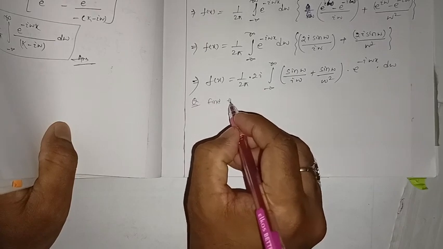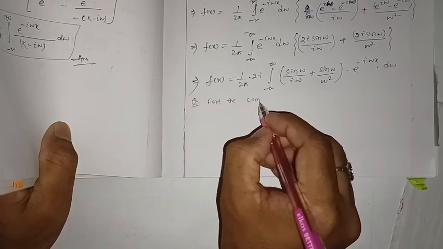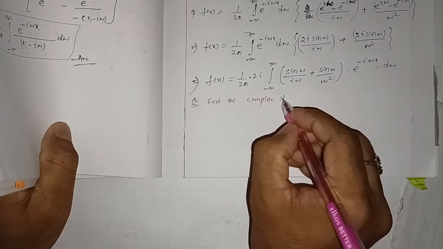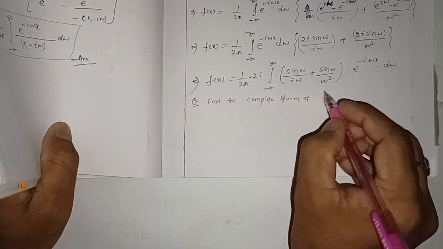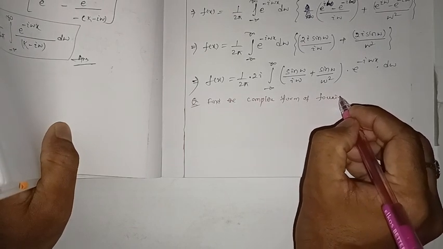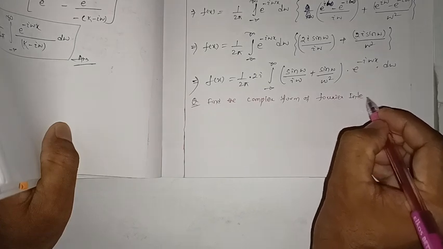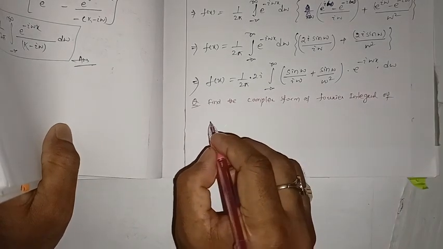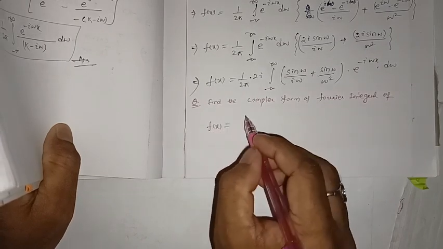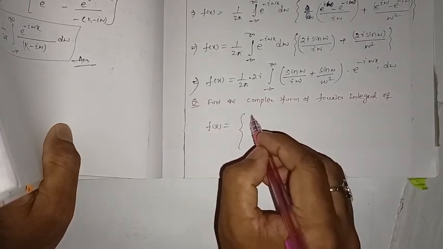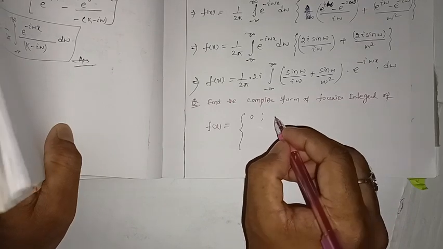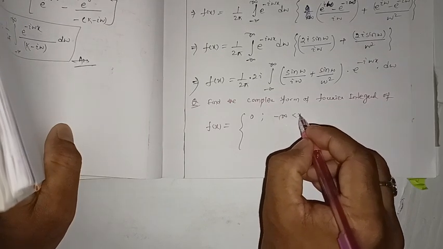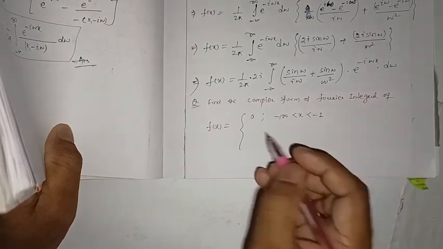Find the complex form of a Fourier integral of a function given that f of x is 0 for x from minus infinity to minus 1.